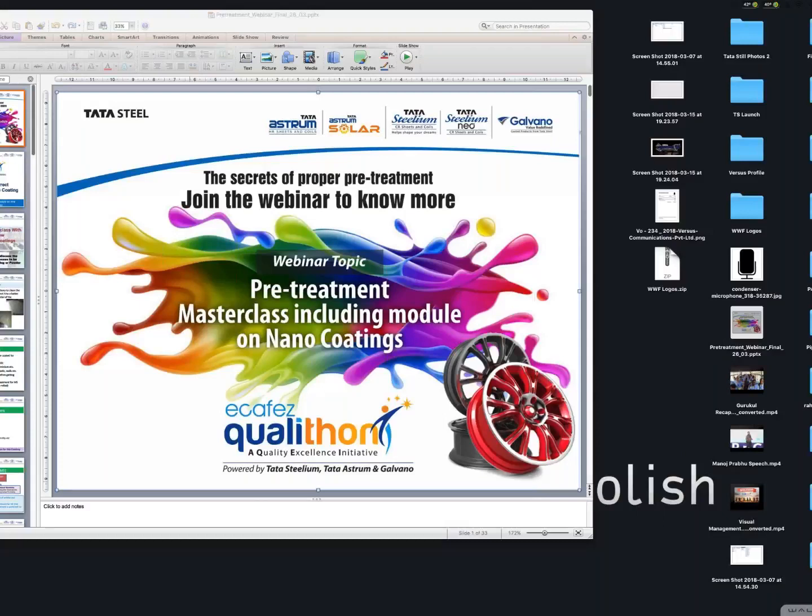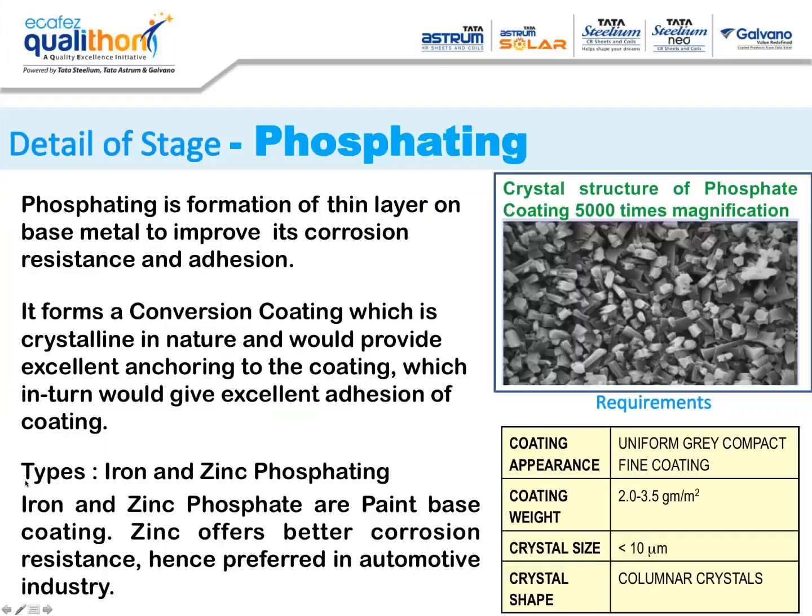Sawdust is to remove the oils for degreasing purpose. But just ensure that this sawdust cleaning is removing your oil 100%. There is a test given called water break test just ahead in one of the slides. Have a look at that.